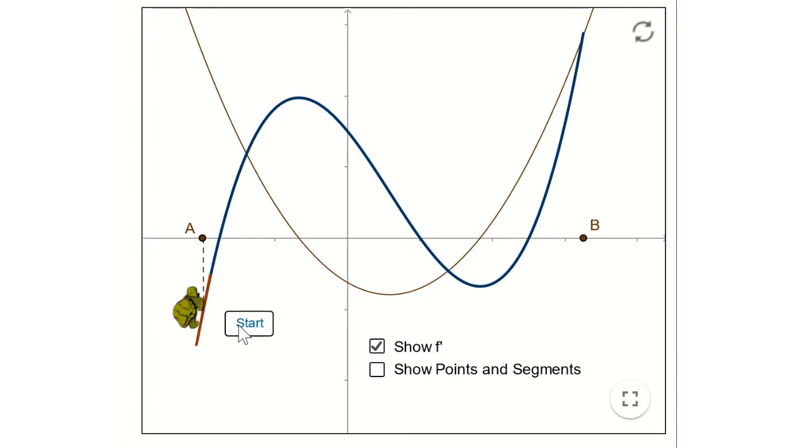So let's have that turtle start. You can see the turtle, that's the slope of the tangent line. So we can see that he's creating that first derivative value. Here, if you look at that first derivative as he went from here up to here, no matter what, that line was always positive.